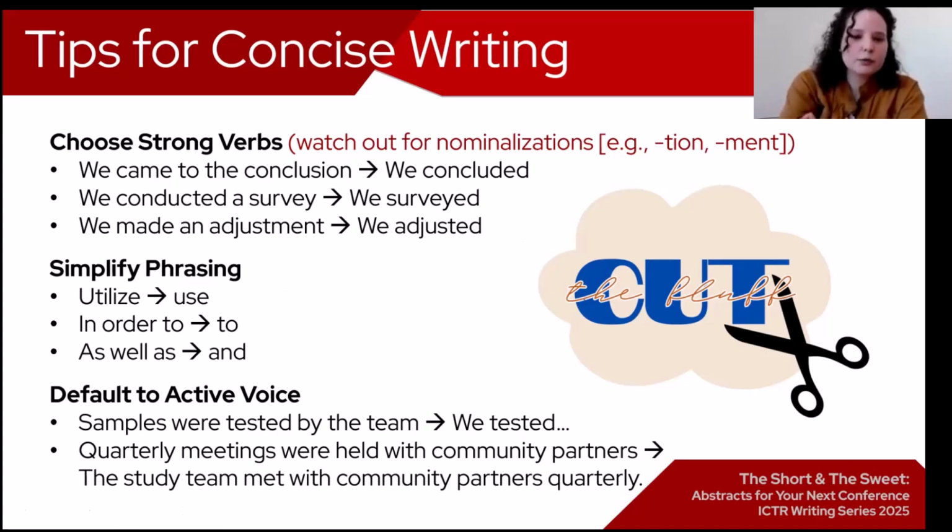So "samples were tested by the team" would be an example of passive writing, when you could just say "we tested samples". Or in this second example, "quarterly meetings were held with community partners" becomes "the study team met with community partners quarterly."